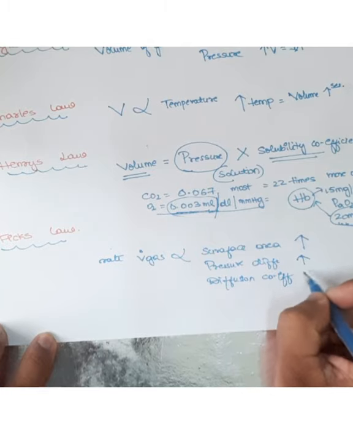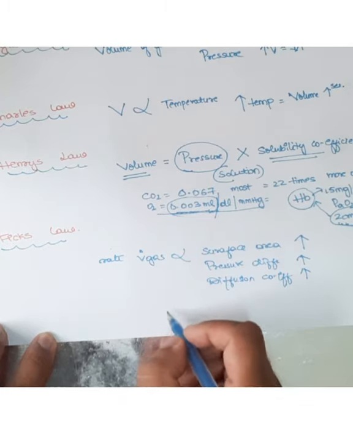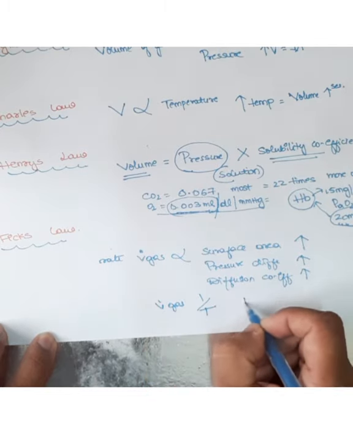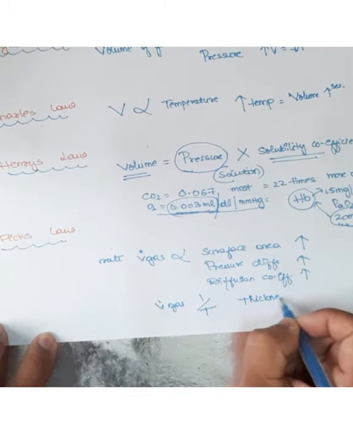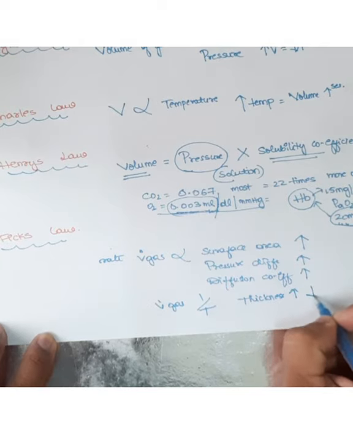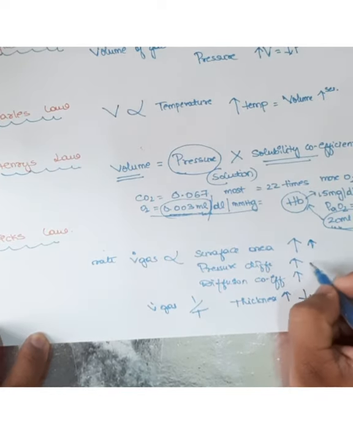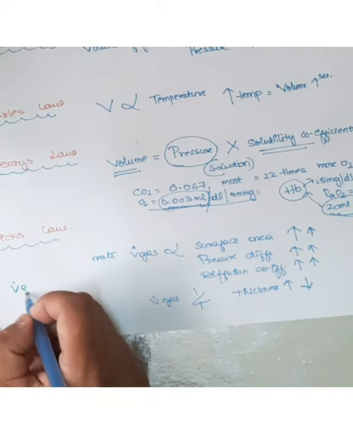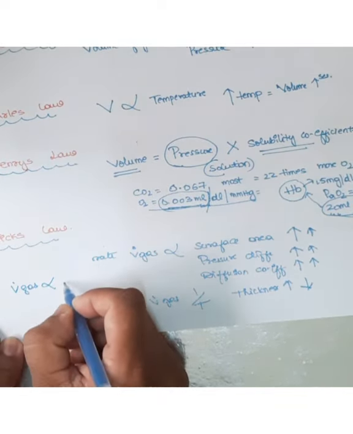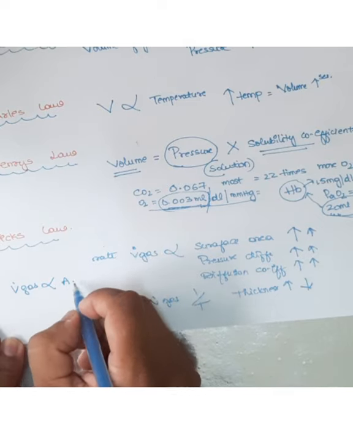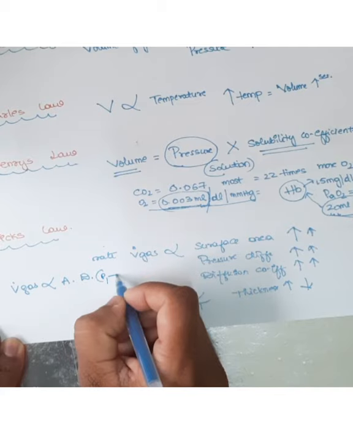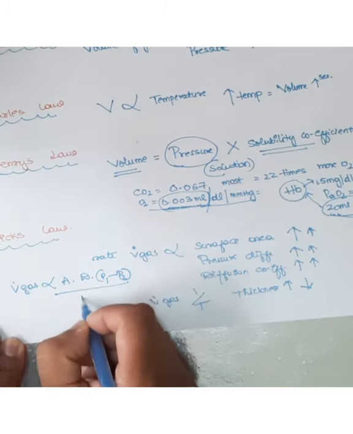So if the diffusion coefficient is more, the diffusion is also more, but it is inversely proportional to thickness. So if the thickness is more, then the rate of diffusion decreases, whereas with the other factors it increases. So V dot gas is given by area, diffusion constant, pressure difference, divided by thickness.